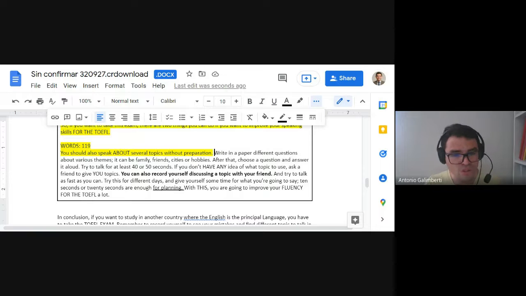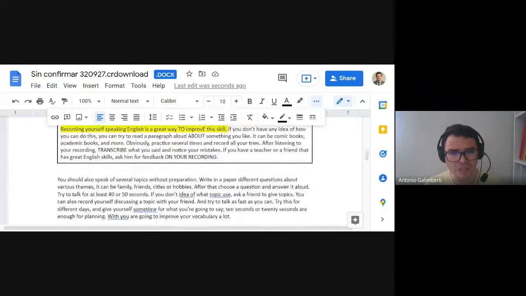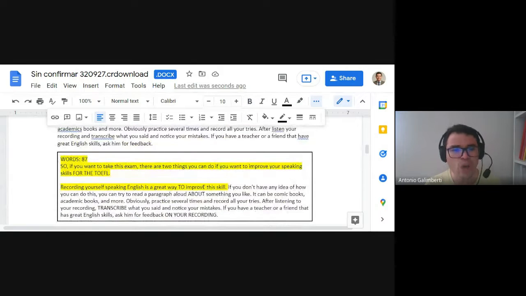However, personally speaking, I do not like this sentence here because it is talking about recording yourself while speaking in English with somebody else. Why do I believe that this is not a good idea in this paragraph? Because here you are already talking about recording yourself in the previous paragraph.